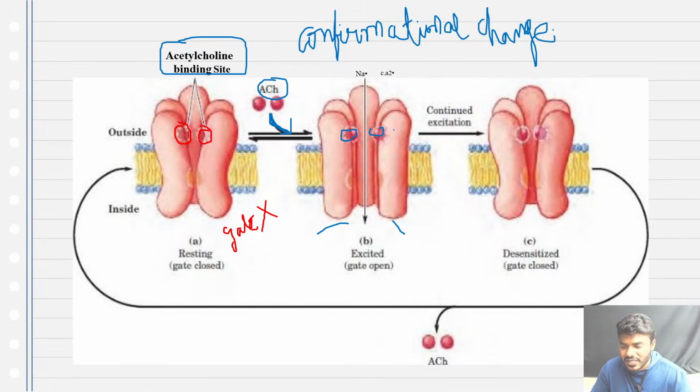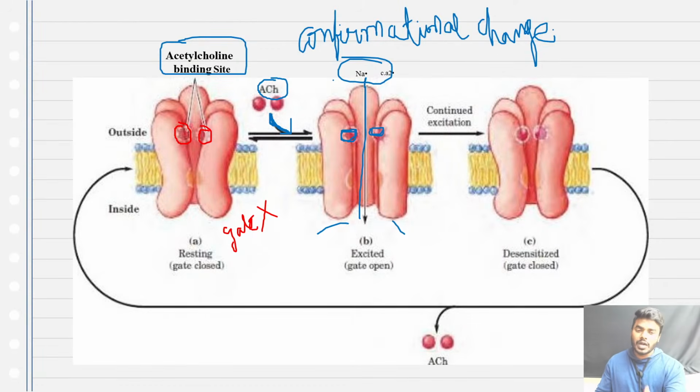All the students listen to me very carefully, friends. There will be a conformational change. Because of this particular conformational change, the ion channels will get open. Now you see here, an abundant amount of ions are coming inside: sodium, calcium, and whatever has to come.